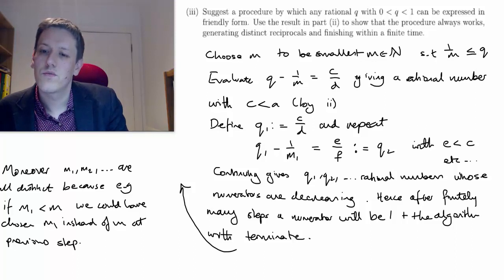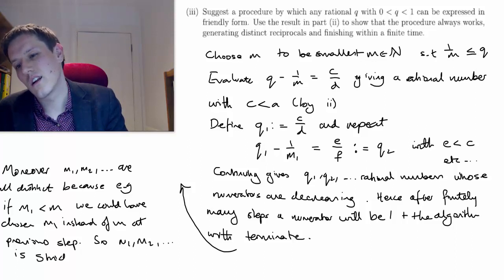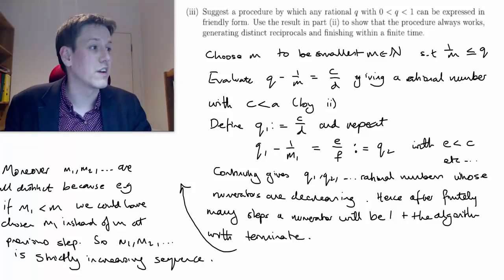Okay, so the m1, m2, etc. is actually a strictly increasing sequence. Okay, so we've got that as well.